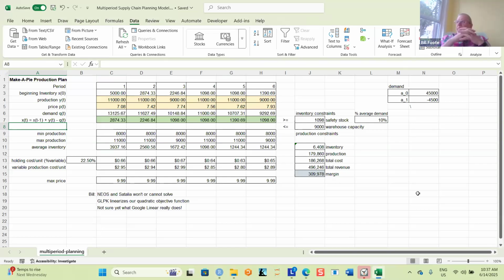This fourth week is building out an intertemporal supply and demand model, which means production and demand. It's the first real link, if you will, in a supply chain model.